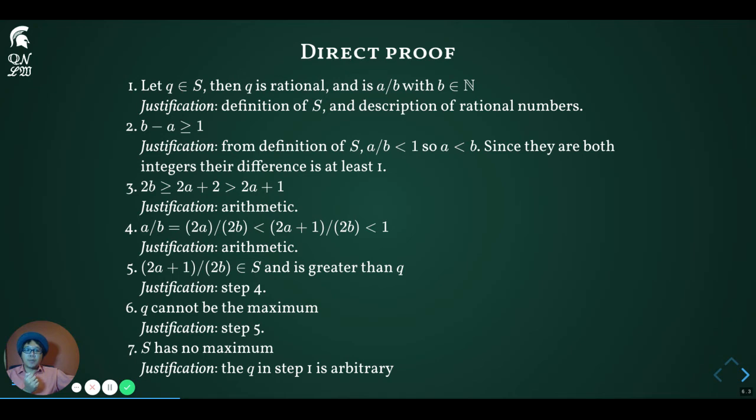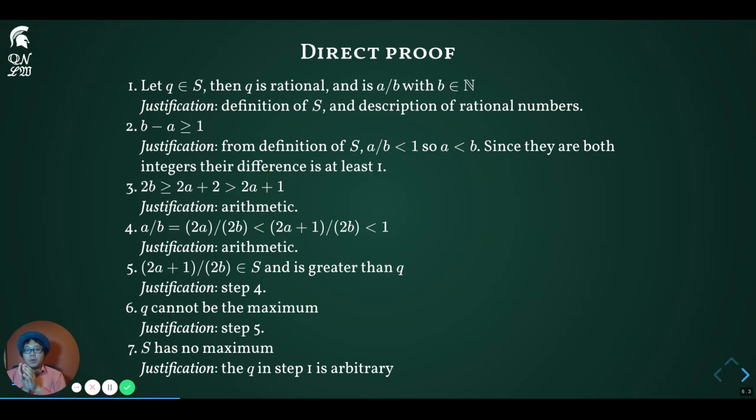So if we double everything, we have that twice B is at least twice A plus 2. Or that twice B is strictly bigger than twice A plus 1.